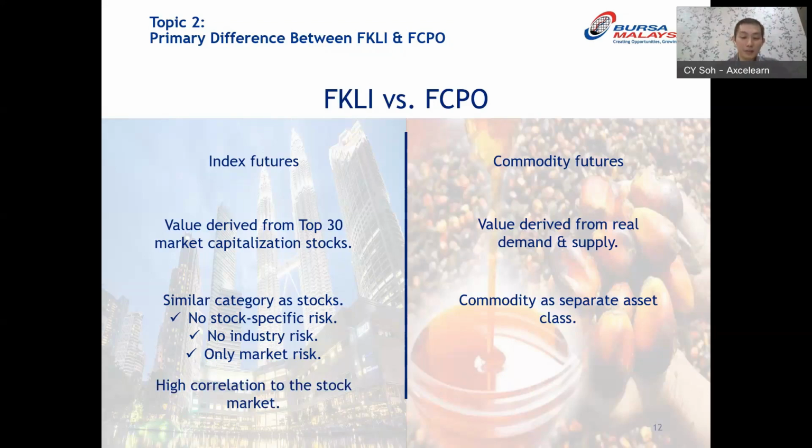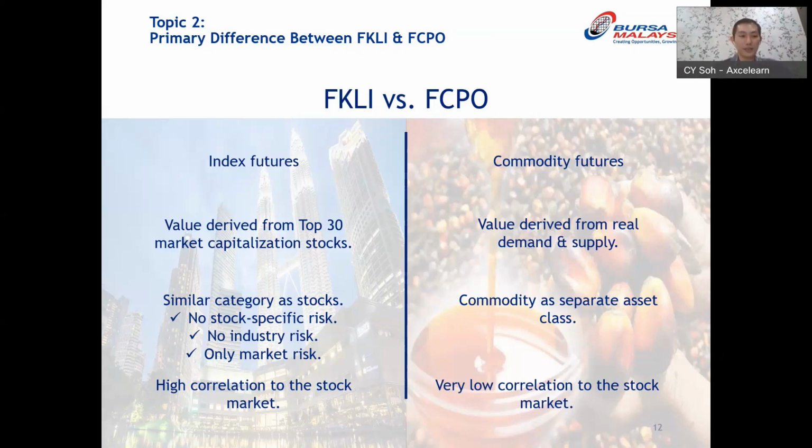However, for FCPO, because it is a commodity asset class, whether your stock market goes up, whether your FKLI goes up, it has nothing to do with that at all. So it has a very, very low correlation to the stock market, because whether there's COVID or no COVID, you will still need cooking oil, right? You still need cooking oil to cook.